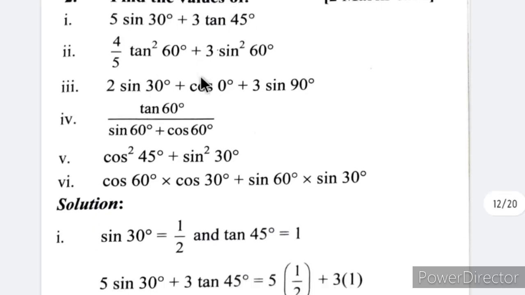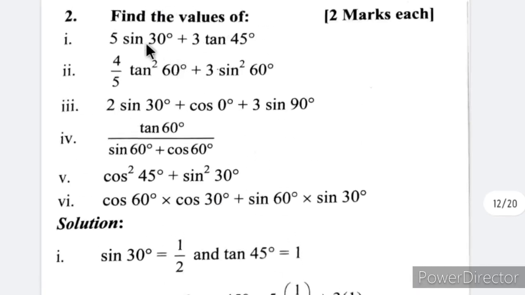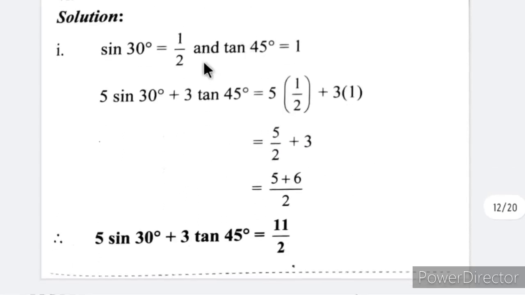The first question is 5 sin 30 degree plus 3 tan 45 degree. We know that sin 30 degree value is half, and for this you need to remember those values, and tan 45 degree value is 1.